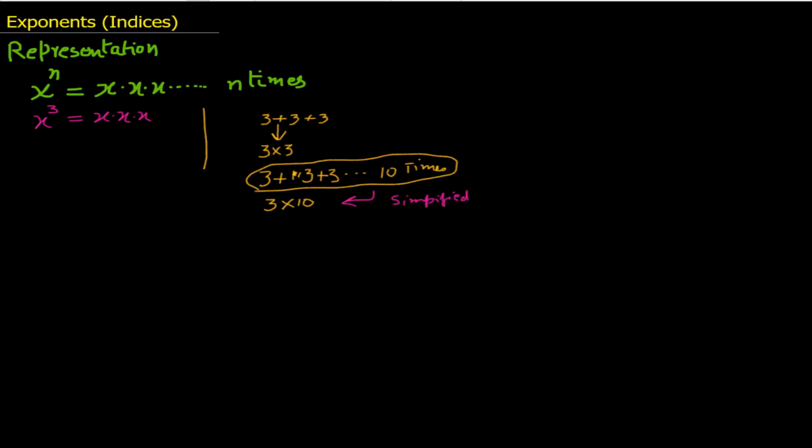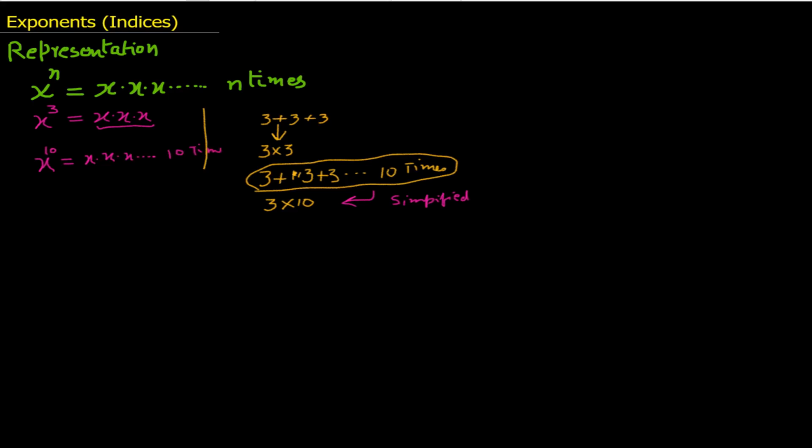So instead of writing x into x into x, we are putting an exponent at the top, and we are saying that x raised to the power 10 would mean that we are multiplying x with itself 10 times. x multiplied by x multiplied by x, 10 times.